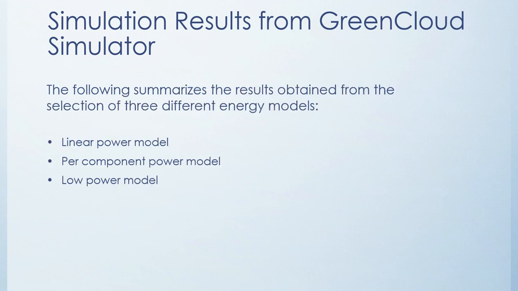In the subsequent slides, I'll be showing you the energy consumed under 3 different selected energy saving models: the linear power model, the component power model, and the low power model.